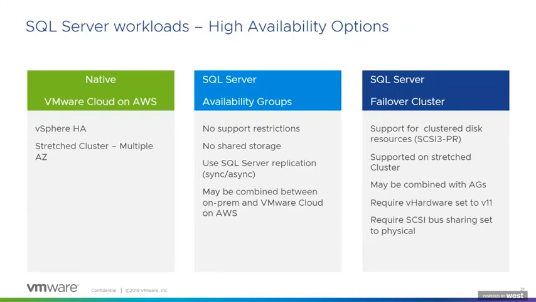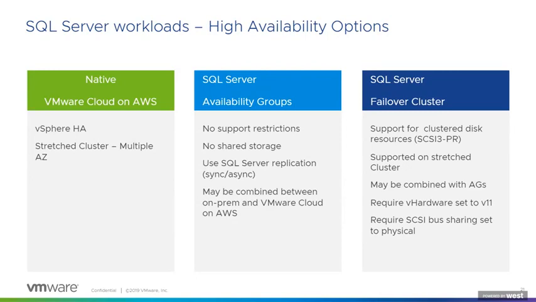Let us take a look at high availability options. VMware Cloud on AWS allows you to retain the high availability configuration for SQL Server workload that you configured on premises and add some native availability features in addition.